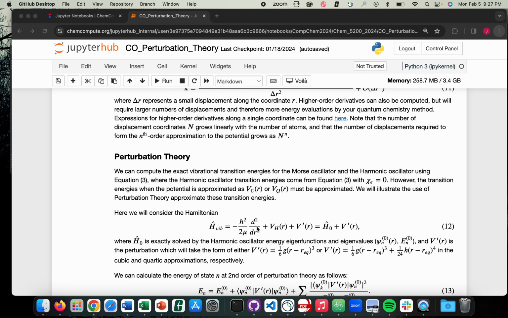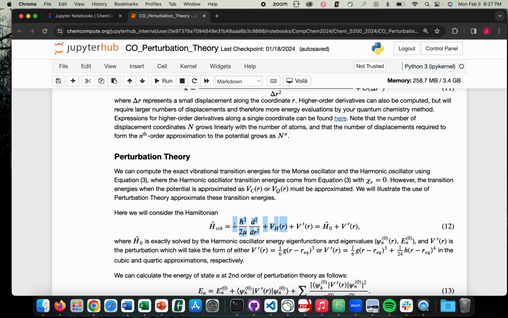problem for perturbation theory, because what that allows me to do is say that the total Hamiltonian is going to be equal to the kinetic energy plus this harmonic potential plus some perturbation, right? And so I can actually know the solution to this piece right here.